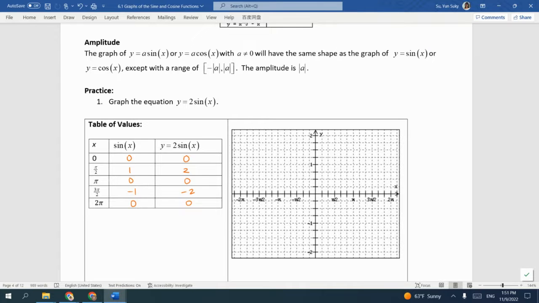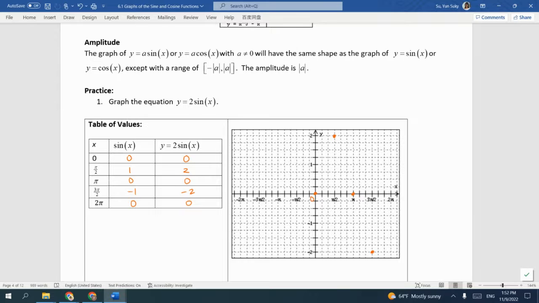So plot those points. When x is 0, y is 0. When x is pi over 2, y is 2. Do you see the 2 right here? So plot that point. And then when x is pi, we get 0. When x is 3 pi over 2, we get -2.